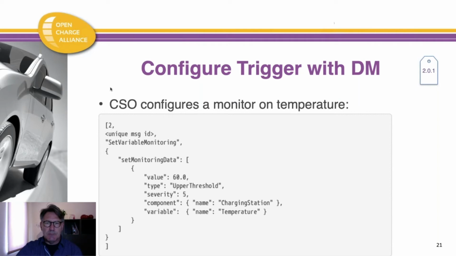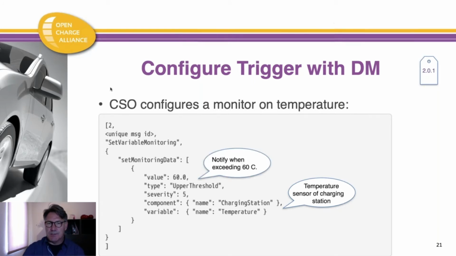Another example is the monitoring that you can do. As a CSO, for example, you could configure a monitor on the temperature in your charging station. With the set variable monitoring command, I can send certain monitoring data to it. I can tell it that on the temperature sensor of the charging station, I want to be notified whenever it exceeds 60 degrees Celsius, for example.